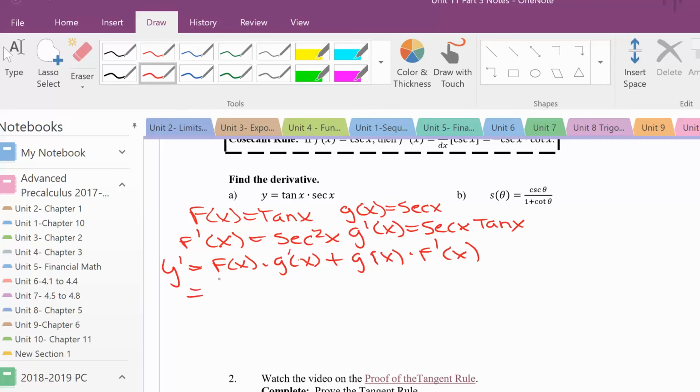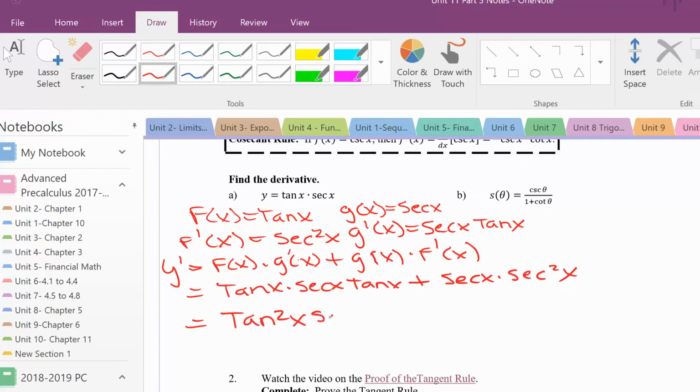So it's going to be tangent x times secant tangent x plus secant x times secant squared. So then we get tangent squared secant x plus secant to the third. And that is the derivative.